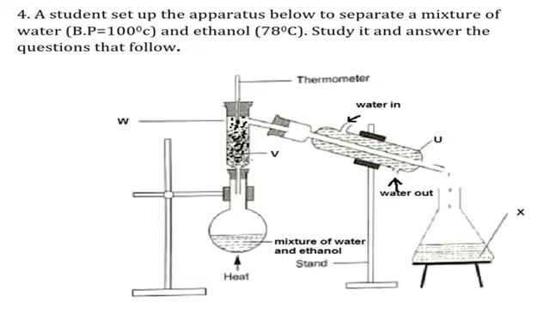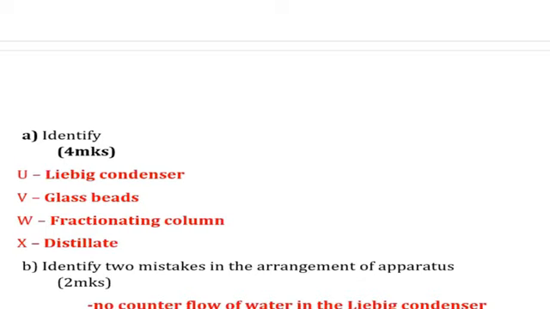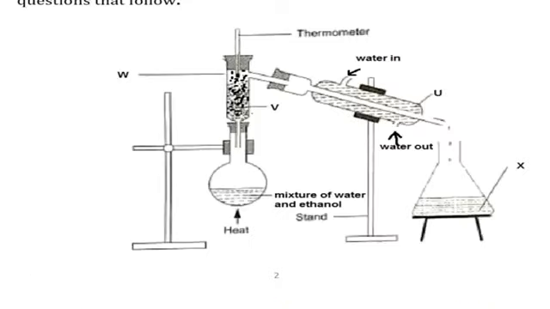We have thermometer, we have container W, we have heat, we have mixture of water and ethanol being heated, we have apparatus U, we have water out, we have water in, we have X. You're told identify U. U is what?